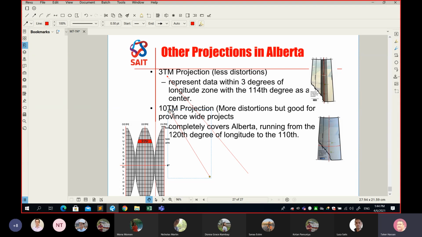And I know some of you right now are questioning why this is happening. Why do people want to create something like 3TM and something like 10TM? Here is the answer. If 3TM means the zone is 3 degrees wide, which one will have more distortion, UTM or 3TM?